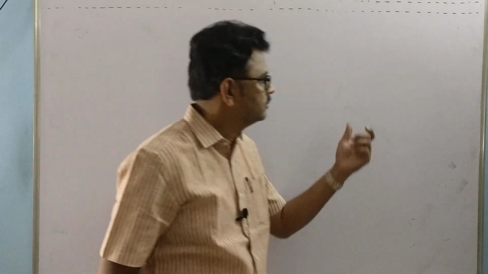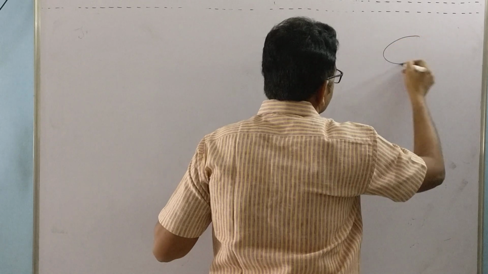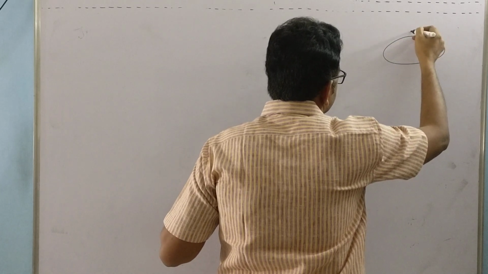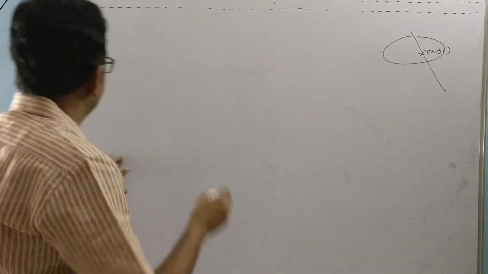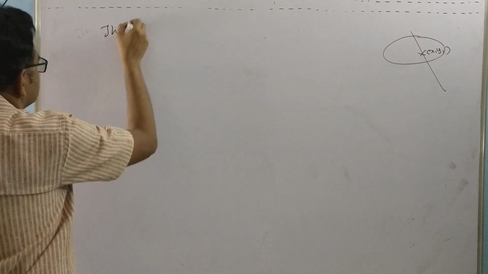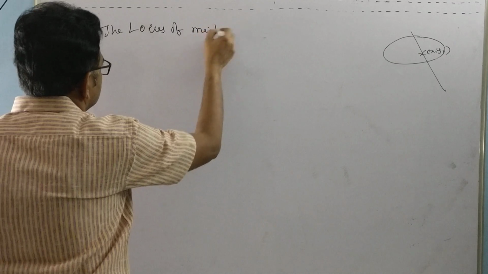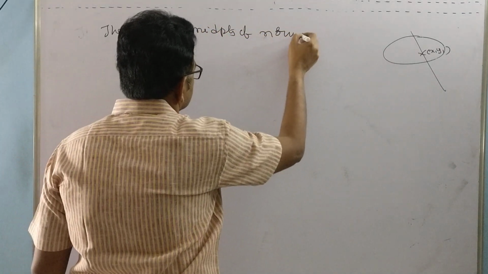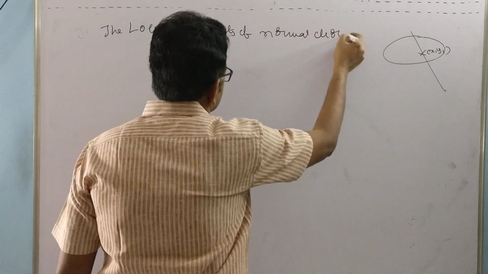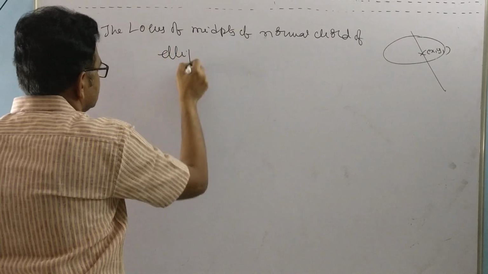Suppose you take one problem. The locus of midpoints of normal chords of the ellipse S equal to 0.